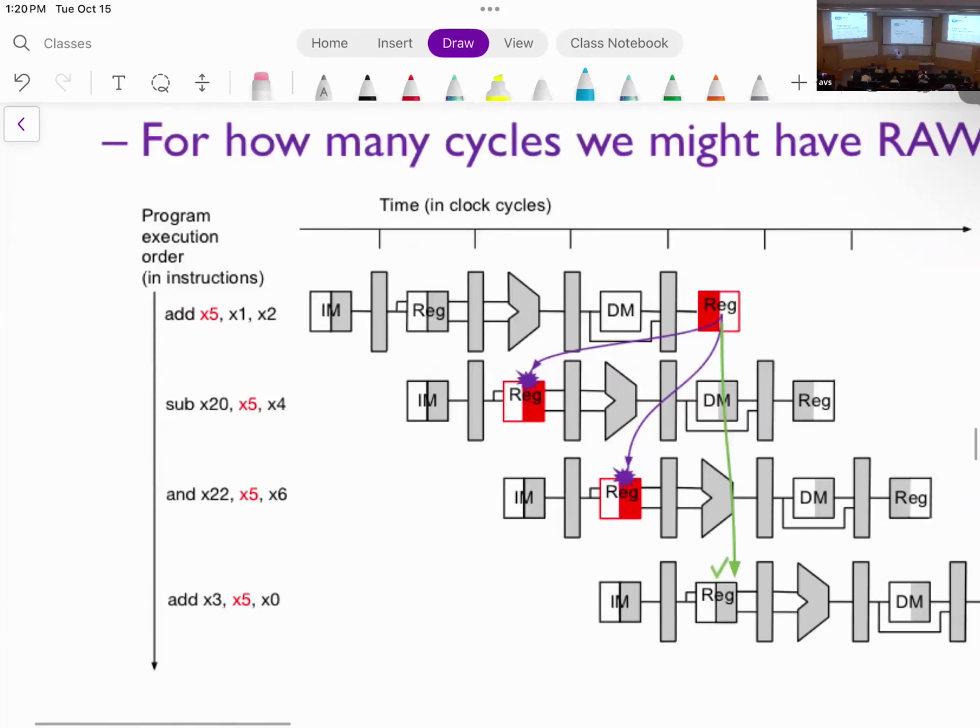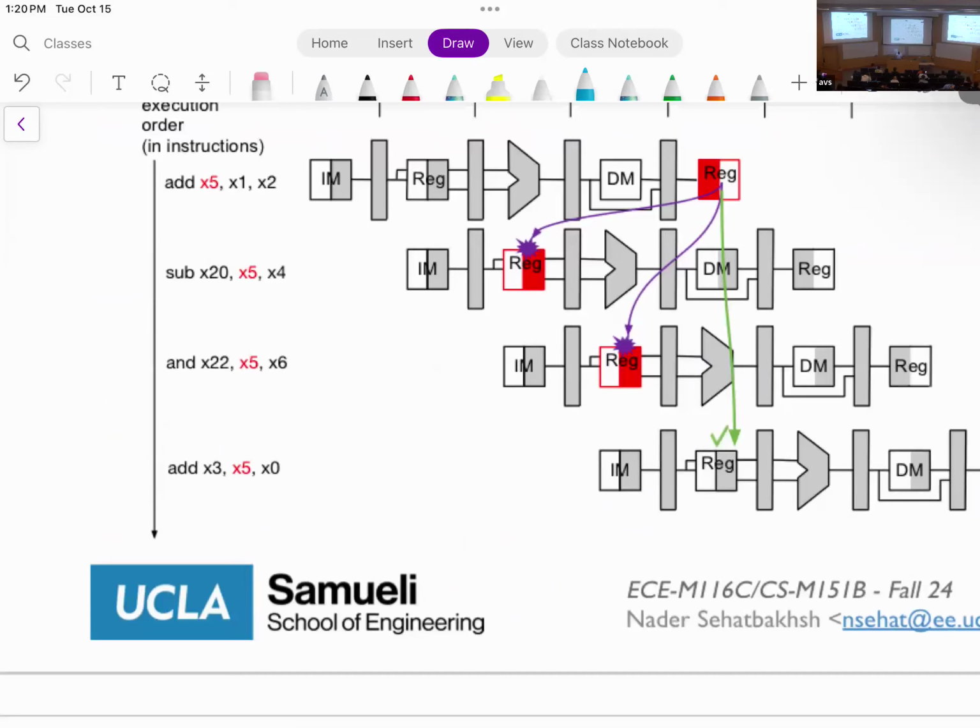So now the question is about the 3rd instruction. Let's say I have another add that also uses X5. Do I have a problem between this instruction and the add? Again, if you look at the timeline, the sub happens at cycle 3, the AND at 4, and this add happens at the 5th. But if you remember, I told you about the half cycle: the write happens in the first half cycle, but the read happens in the second half cycle.